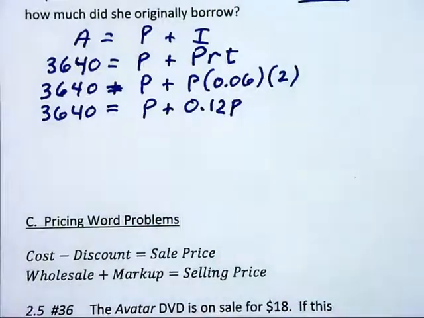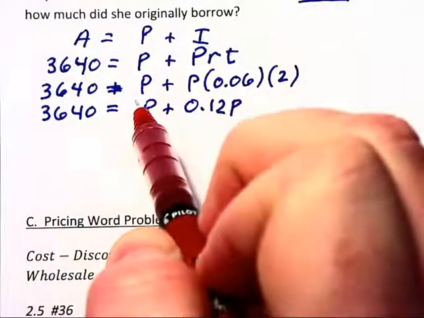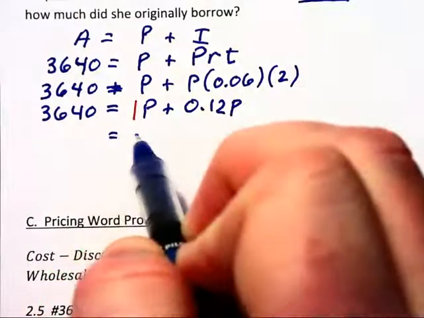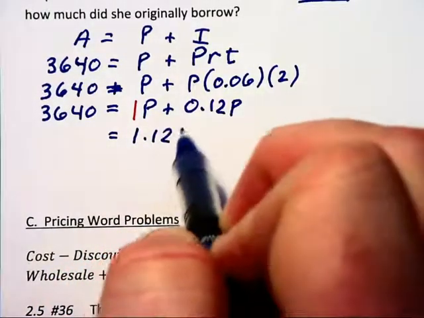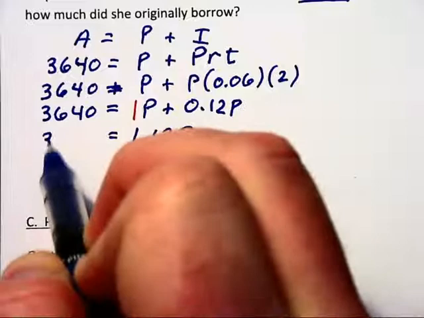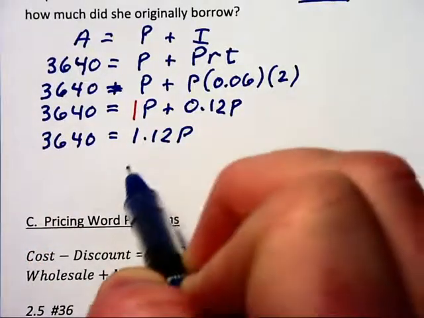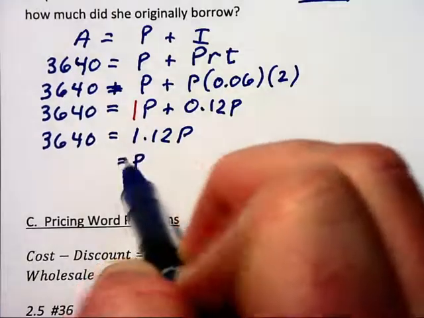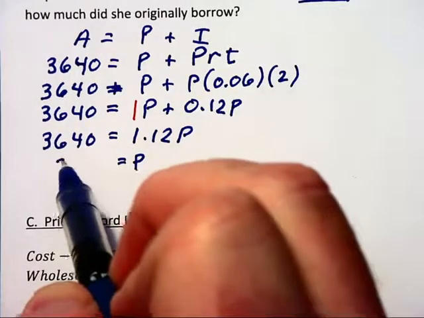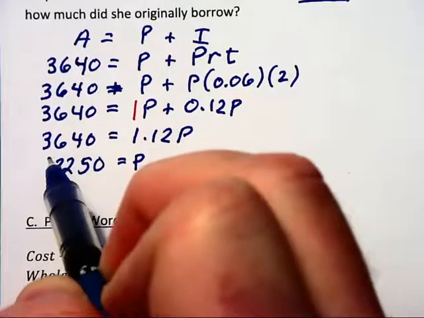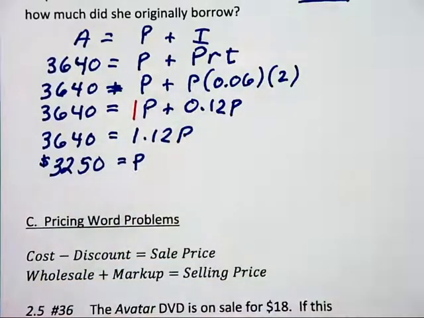And if you think about it, there's really a 1 coefficient in front here, and so we can add together on the right to get 1.12 times the principal. Dividing each side by 1.12 tells us that the principal is equal to $3,250. And that is our solution.